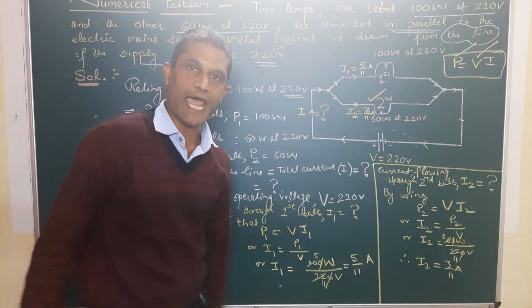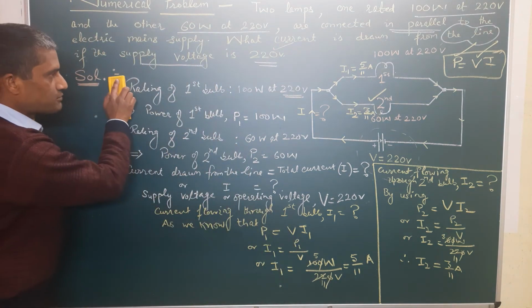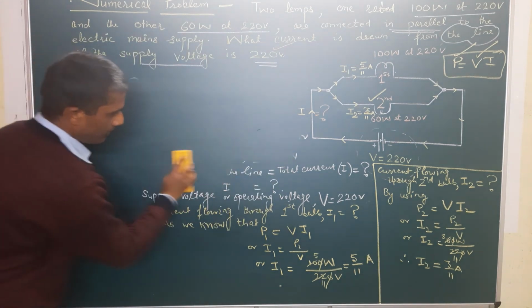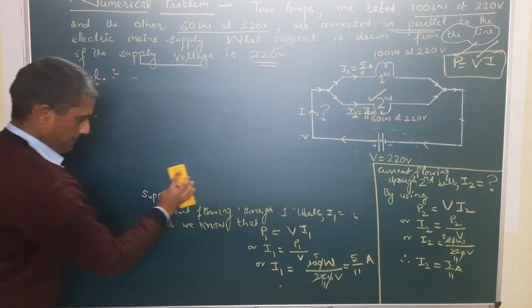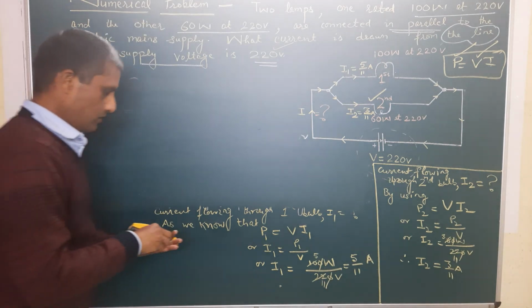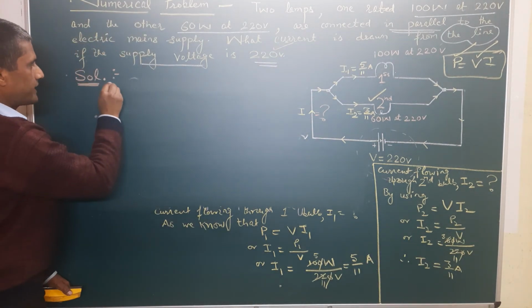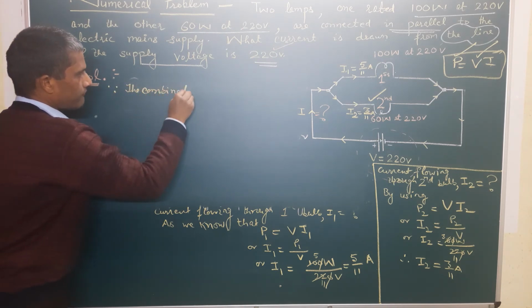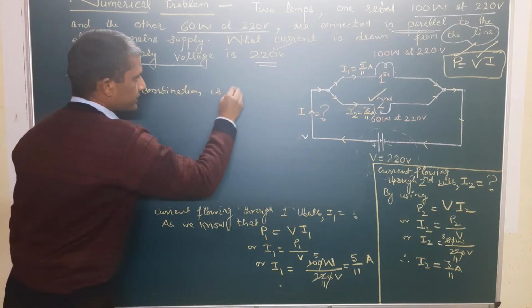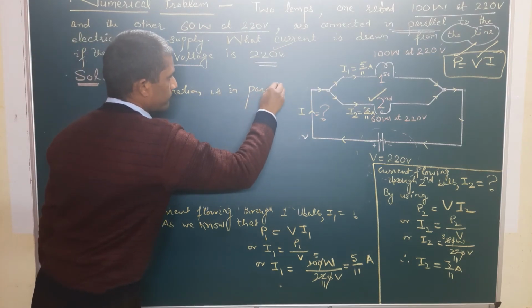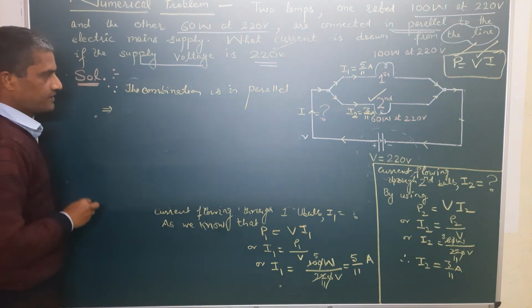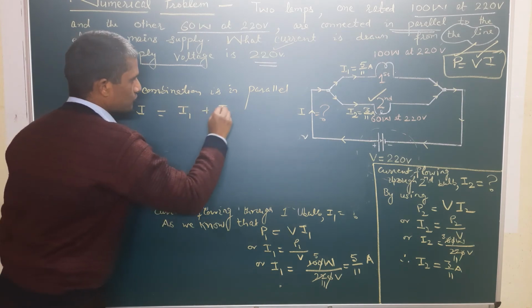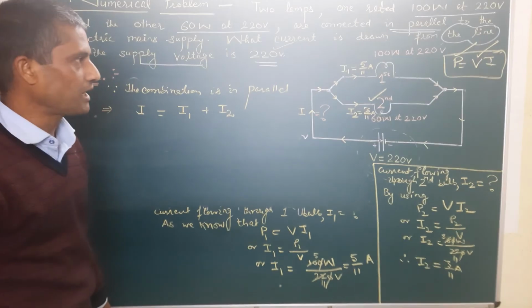Now we are going to enter the final stages. Here we will write that since the combination is in parallel, this implies that I is equal to I1 plus I2, because current is distributed among the resistors.